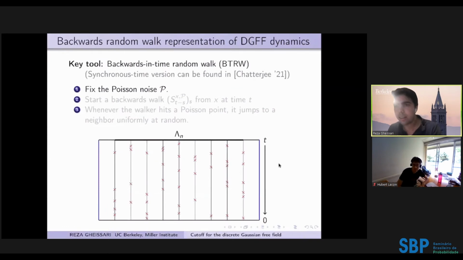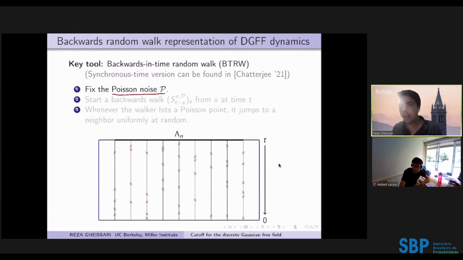The main tool for showing this is a kind of backwards random walk representation of the dynamics. So we uncover some kind of exactly solvable structure to the dynamics where we fix a Poisson noise P, and this Poisson noise is going to be the clock rings at all of the vertices.